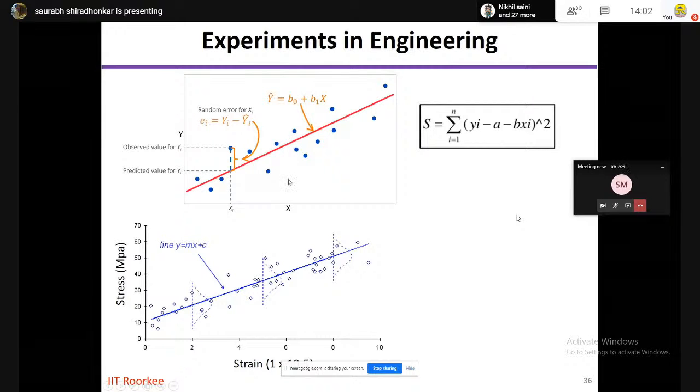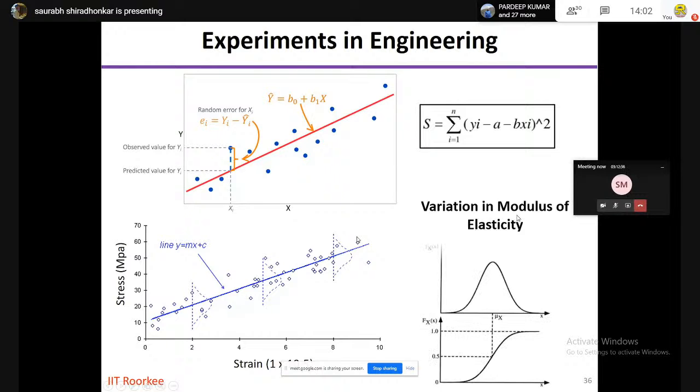Having said that, even though it's a fitted value, it doesn't actually give you the exact value. There is a possible variation of modulus of elasticity at each level, and this possible variation is represented by a function called the probability density function. On the x-axis, you have the modulus of elasticity, and on the y-axis, the probability of having a certain value of modulus of elasticity.